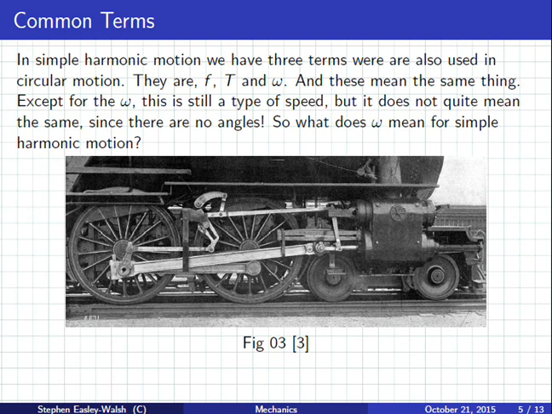If you match that up with a circle, the omega represents how quickly the angle is changing here. So if the omega is very big, it's moving very fast. You see this here is a spring, and it's going up and down, yes?